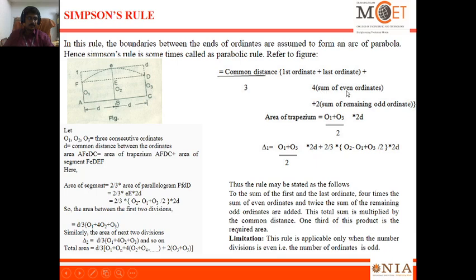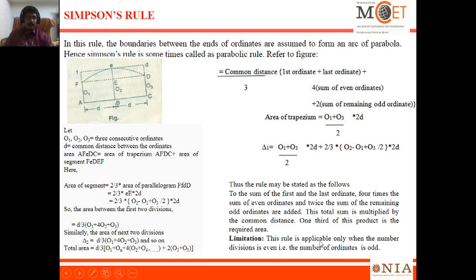So 4 times the sum of even ordinates, plus 2 times the sum of the remaining ordinates, and the first and last ordinate; the total is multiplied by the common distance D by 3, right? This is the thing you have to remember.